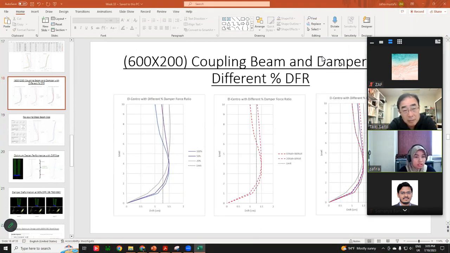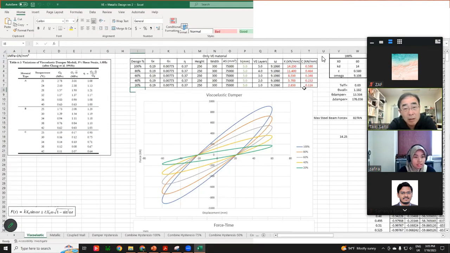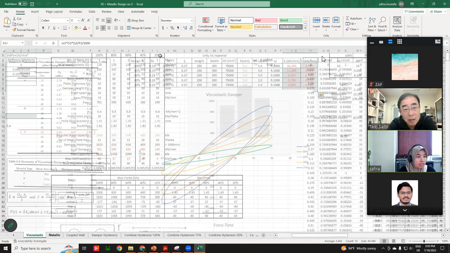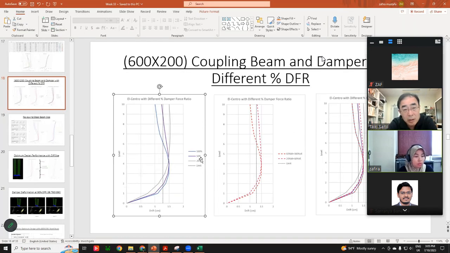So here, this is for viscoelastic, and this one for metallic. So we have 10%, and 60, 40, and 20, also similar for viscoelastic. And then I apply here. The 50 should be 60.